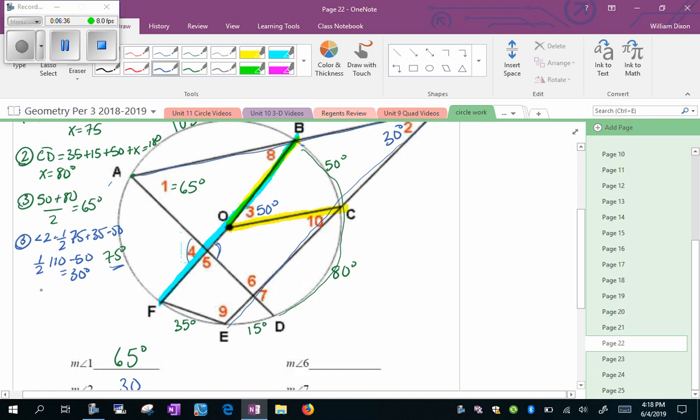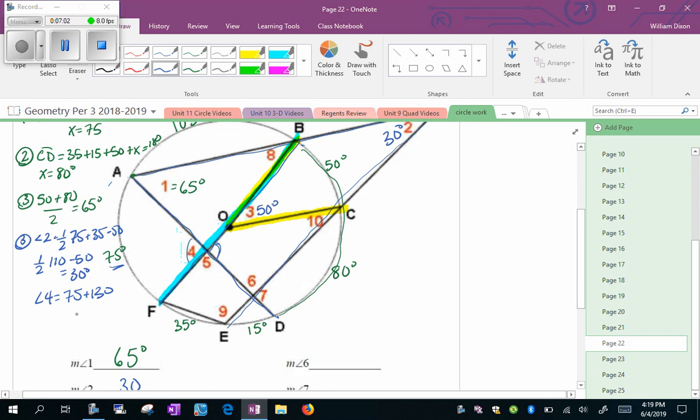Angle 3 we did already, so we need angle 4. Angle 4 equals 75 plus, well, let's see, we have this, and then we have the other side. So we need to add those up, the 80 and the 50, and we're going to get 130, so that's plus 130.